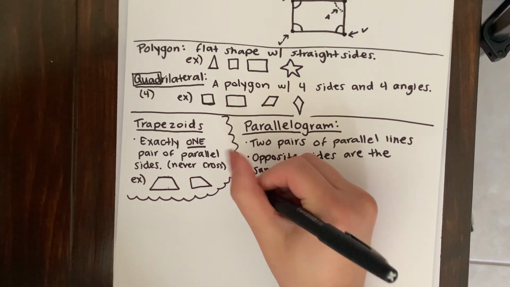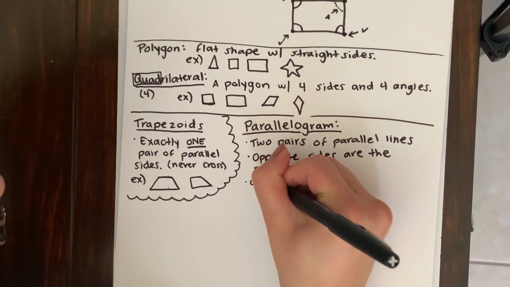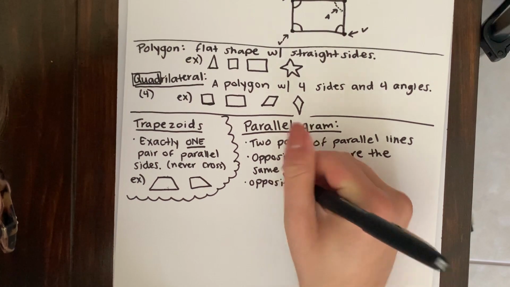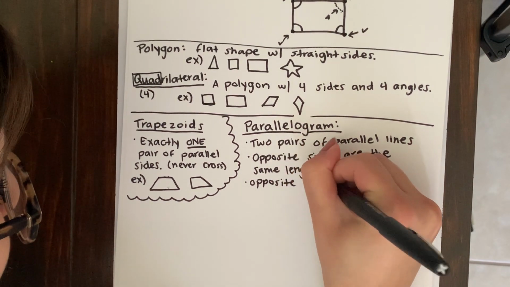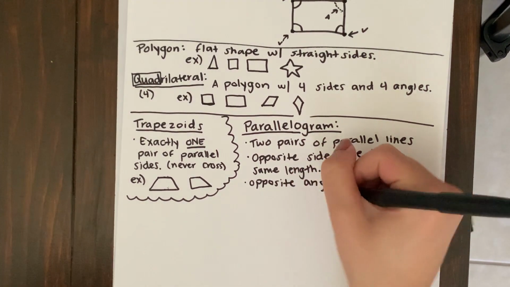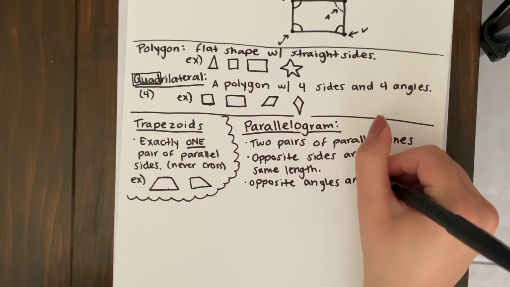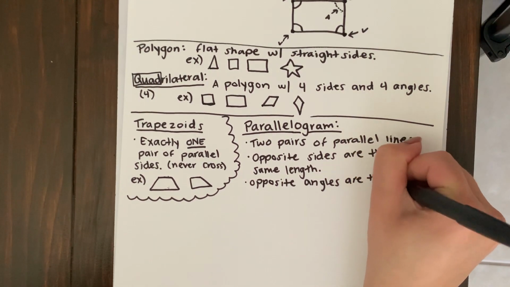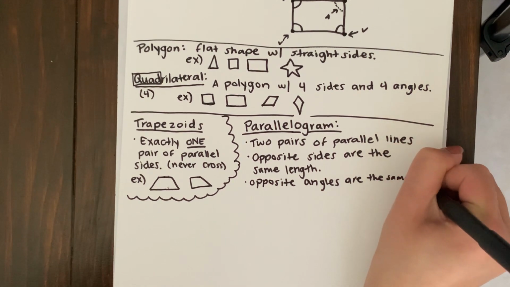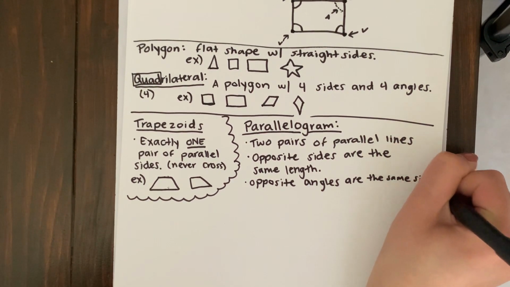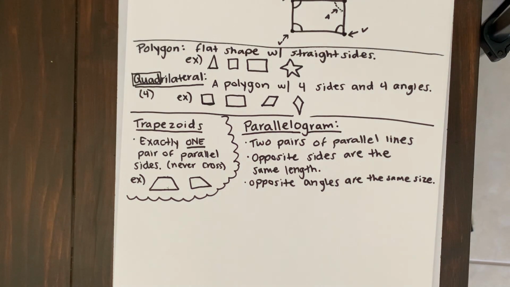And then also opposite angles are the same size. So with parallelograms, two pairs of parallel lines.